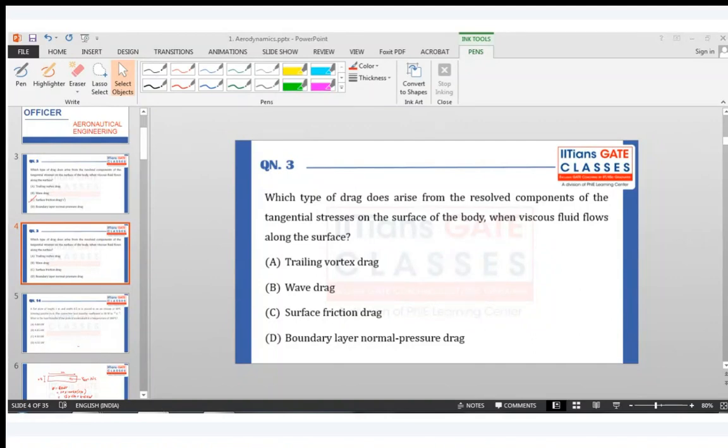One more thing: the questions we are discussing, we are not trying to answer them, because the questions will repeat. This will give you an idea what kind of questions will appear and what areas you can focus on. My suggestion is to at least revise the topic from where the question has come.